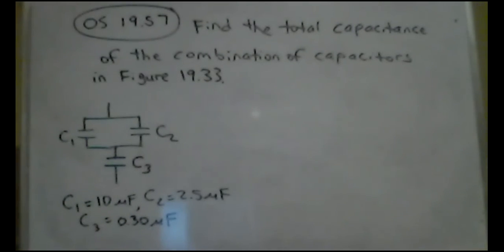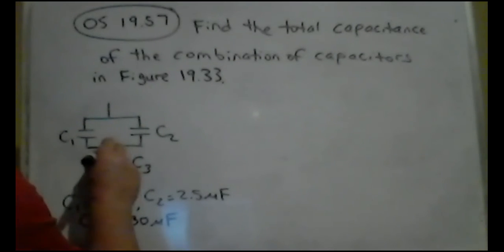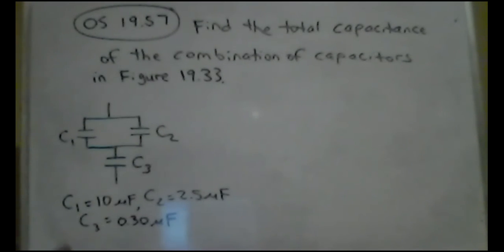Now, when you break down circuits like this, or circuit elements like this, you really just have to do it in a systematic way. I mean, you might look at a set of capacitors and be kind of intimidated by it, but you just have to do things in a very systematic way.